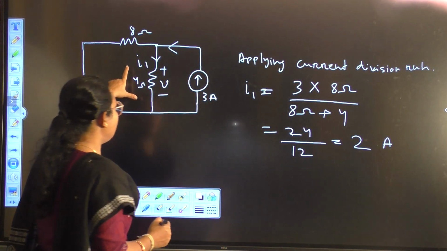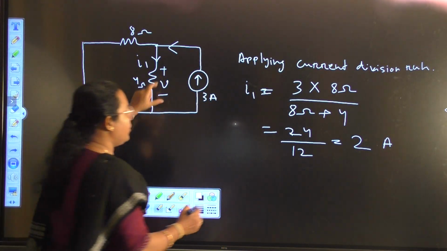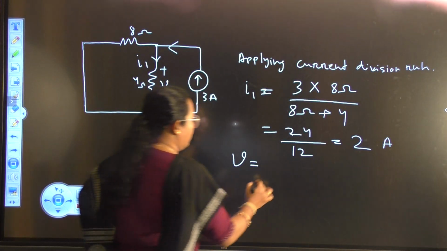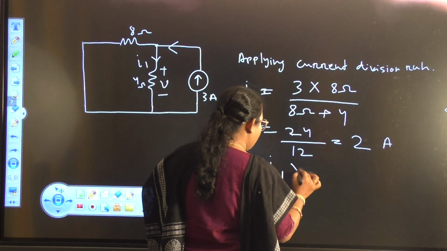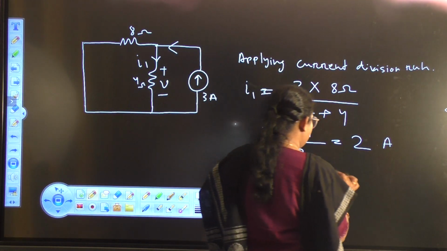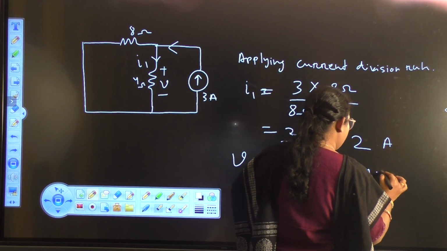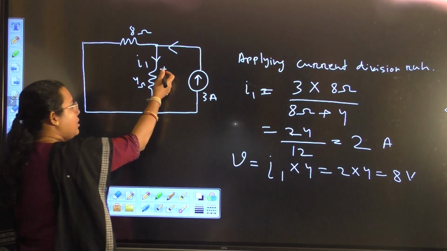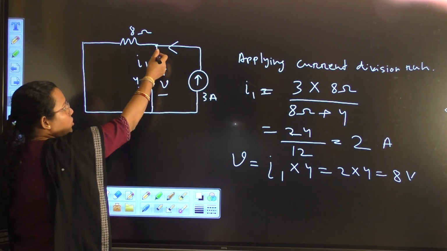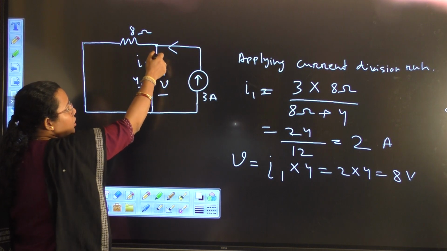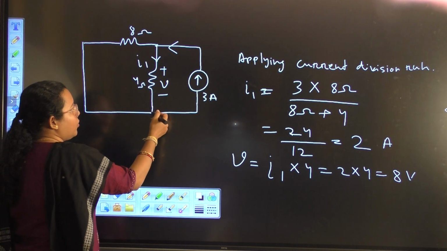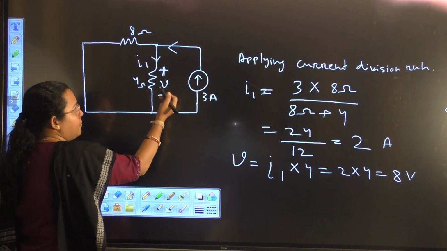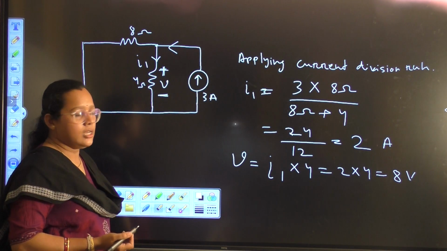Now once I get the value of I1 current, I can find the voltage across this 4 ohm, which is I into R. That means I1 into 4, that is 2 into 4, that is 8 volt. Now the polarity will be same because the current I1 is flowing from this point to this point, that means high potential to low potential. So this is marked as positive and this is marked as negative.